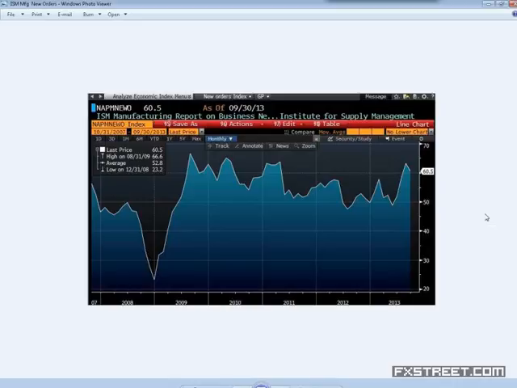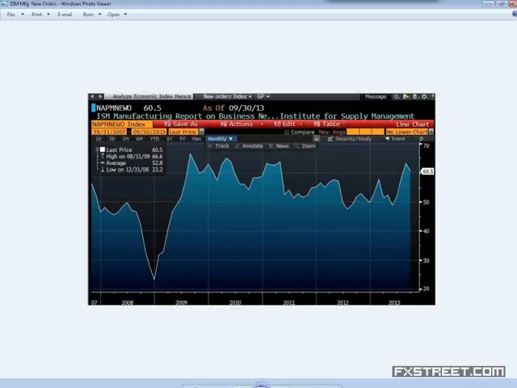The problem is this is an index, and this is the biggest difference between government statistics on the whole and private statistics. Many private statistics, ISM is a private statistic, Institute for Supply Management, are indexes. They are composed of a number of different factors, and it's the change in the index that you're looking at. So this is not a pure representation in a number as the government statistic is.